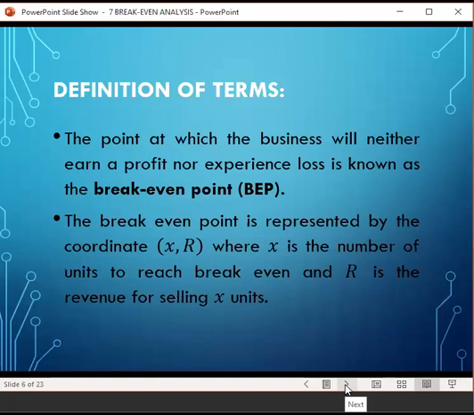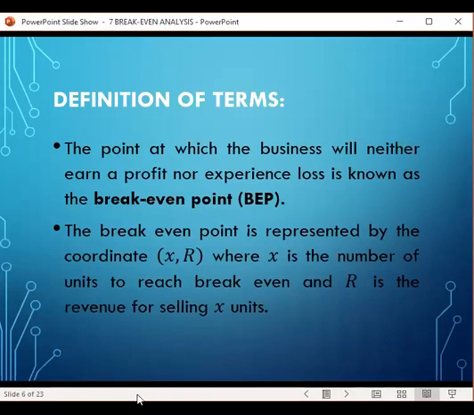So for example, there is a break-even point with coordinates 10 and 100. What does it mean? Meaning, if you sold 10 pieces with a revenue of 100 pesos, that means that there is no profit nor loss on that certain situation.